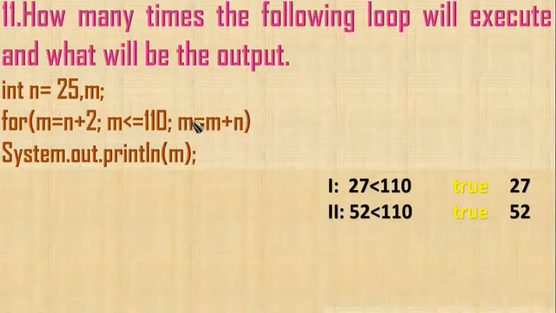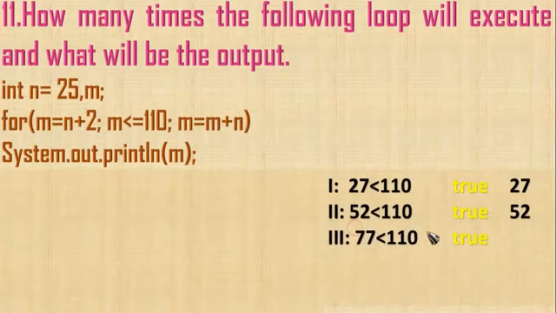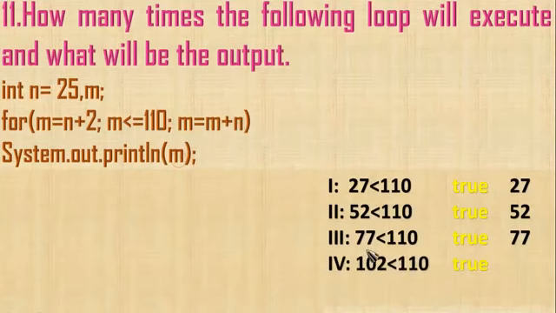Now 52 plus n, that is 25, it becomes 77. Again it is true, so it prints 77. The next time, 77 plus 25 becomes 102. That is also true, and then it prints 102.